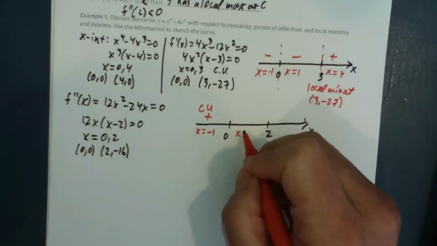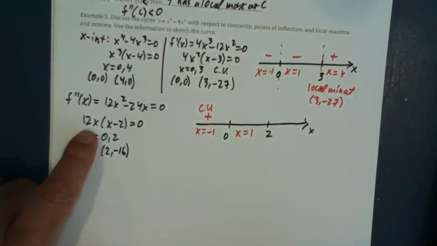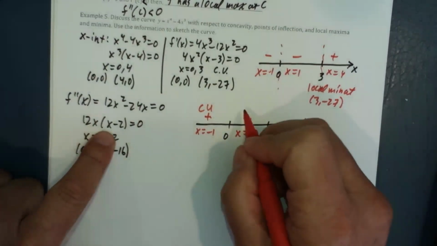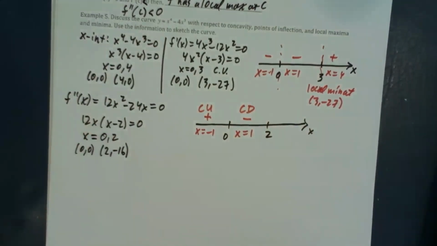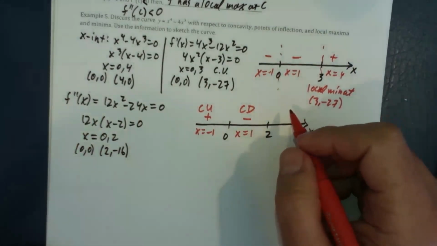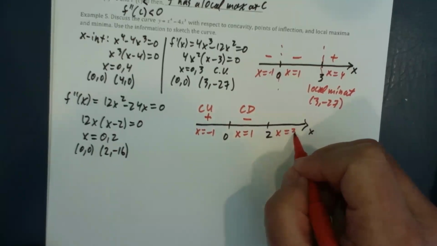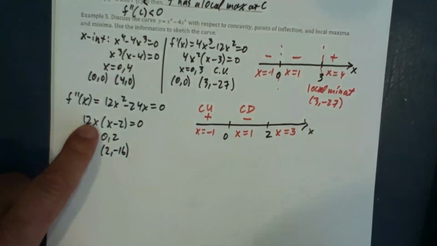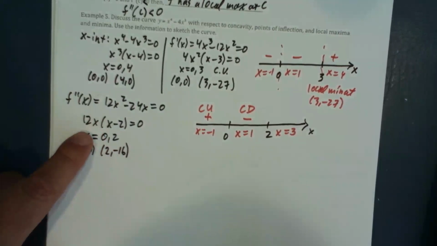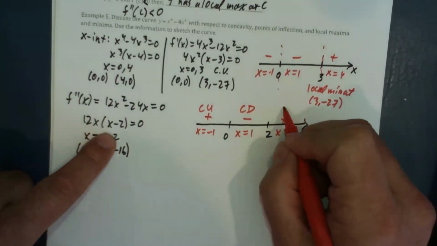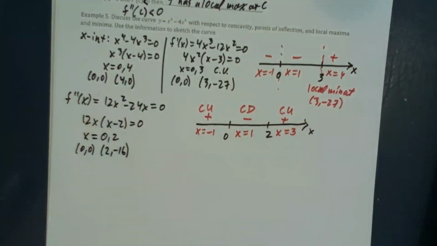Let's pick x equals +1. Positive there. 1 minus 2 is negative. So that's a positive times a negative. That means it's negative. That means we're concave downward from 0 to 2. And then after 2, let's pick x equals 3. That's going to be positive. 3 minus 2 is 1, so it's a positive times a positive. Next to positive, so we're concave upward again after that. Whew. All right, now we're going to actually graph this thing using all of the data that we have here.